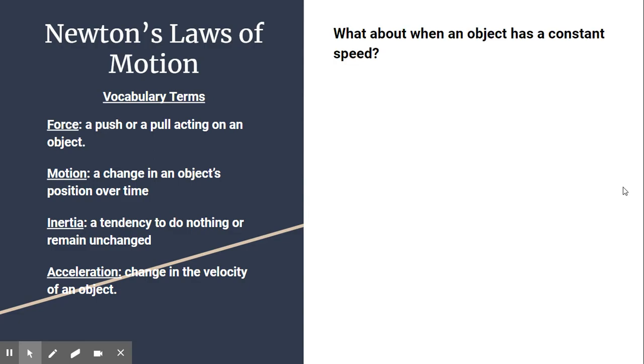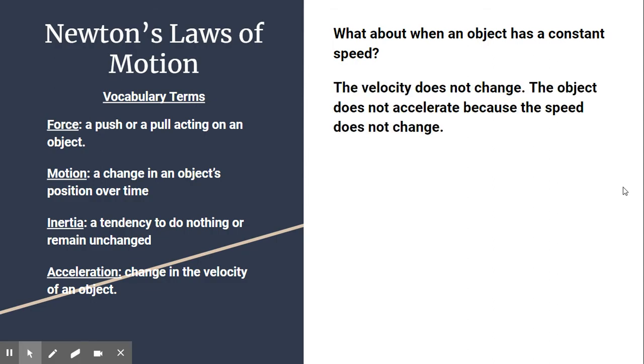But now, what about if that object is moving along? It has a constant speed, but it's not increasing its speed. That velocity doesn't change, so the object's not accelerating. Does this mean that the object doesn't have a force behind it?